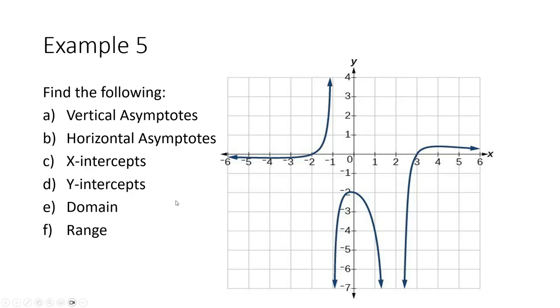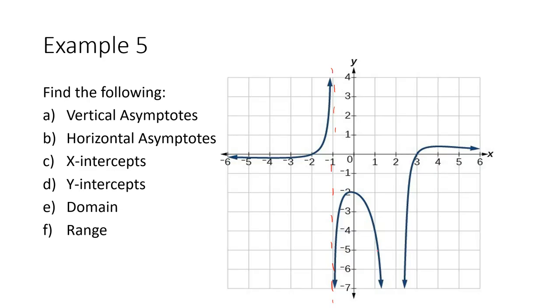Okay. So in our next example, we want to identify some features of the function from its graph. So let's look at this graph. We first want to identify the vertical asymptotes. Here we have vertical asymptotes where my function is following a line up and down.